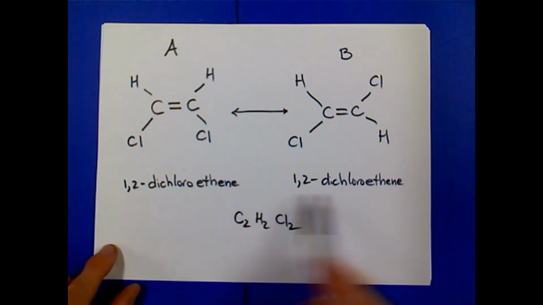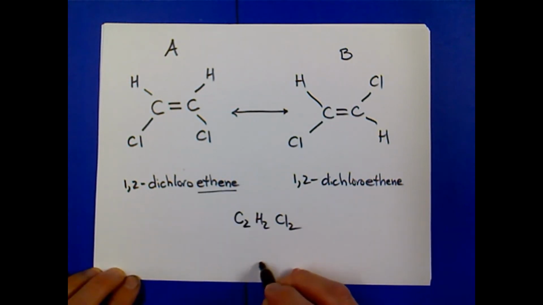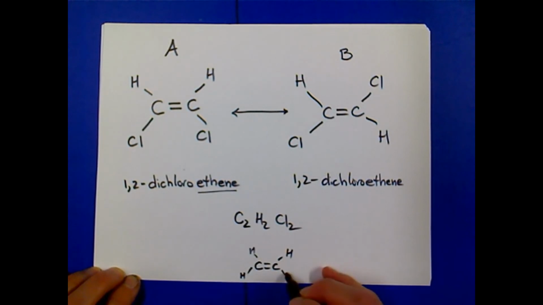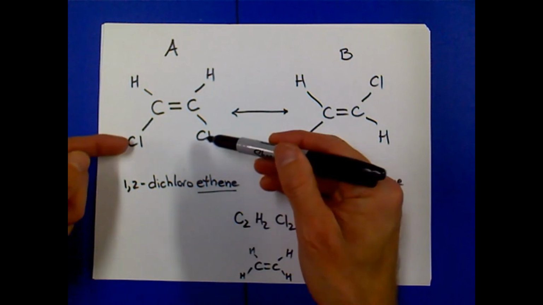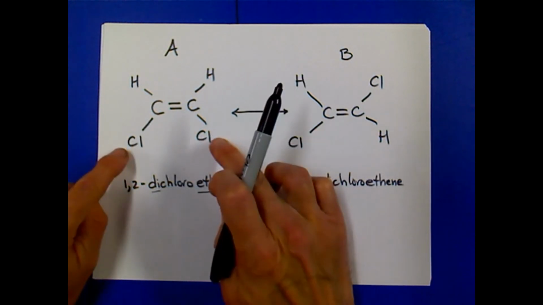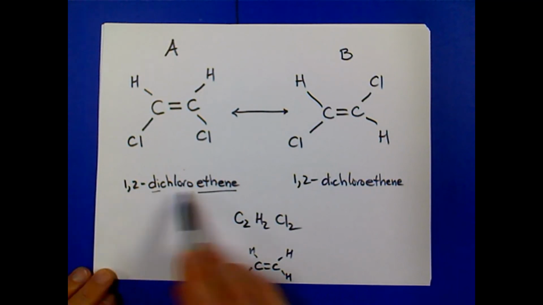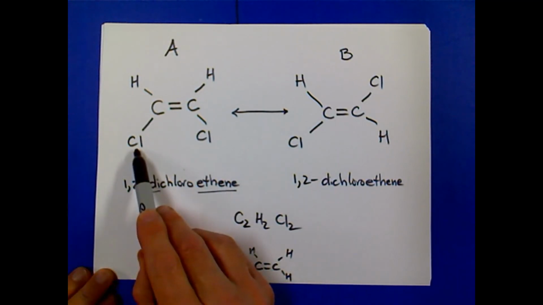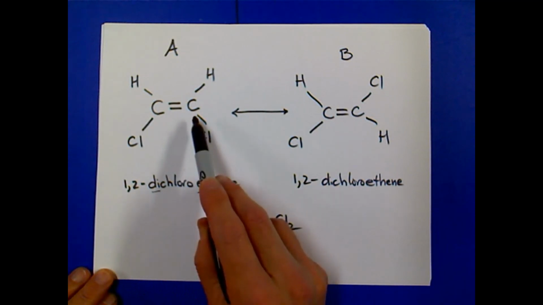And let me go ahead and explain why this is the naming system here. We use ethene because they're both derived from this molecule here, which we called ethene. We call them both dichloroethene because there's 2, di meaning 2, chlorine atoms attached. And it's called 1,2-dichloroethene because one of the chlorines is attached to the first carbon atom and the other chlorine is attached to the second carbon atom.